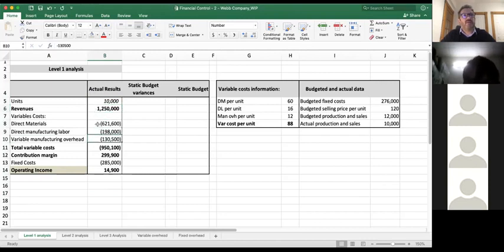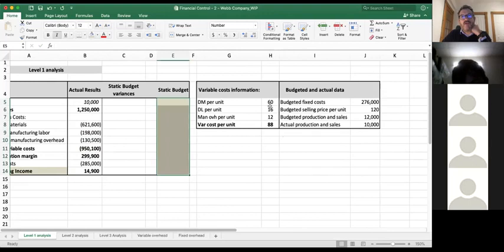Direct materials, you have the information. Usually try to do like me, if you don't want issues with the signs: when it's costs, you put a minus sign, and when it's revenues, you make it positive. We got the contribution margin, which is revenues minus total variable cost, minus fixed cost equals the operating income. First job for you is to reconstruct this column, static budget, using this information.